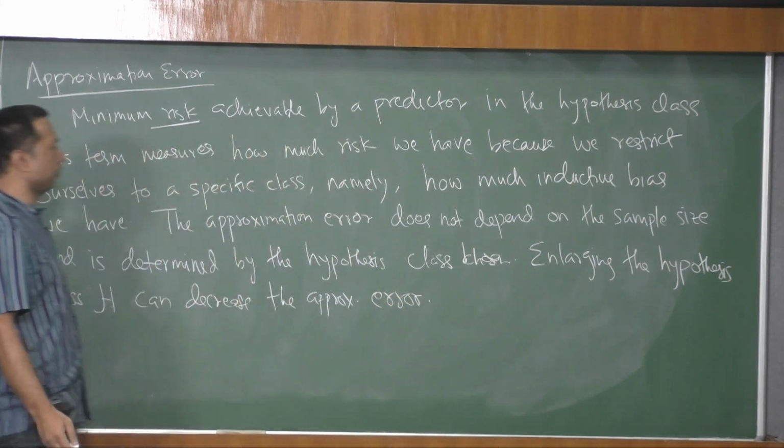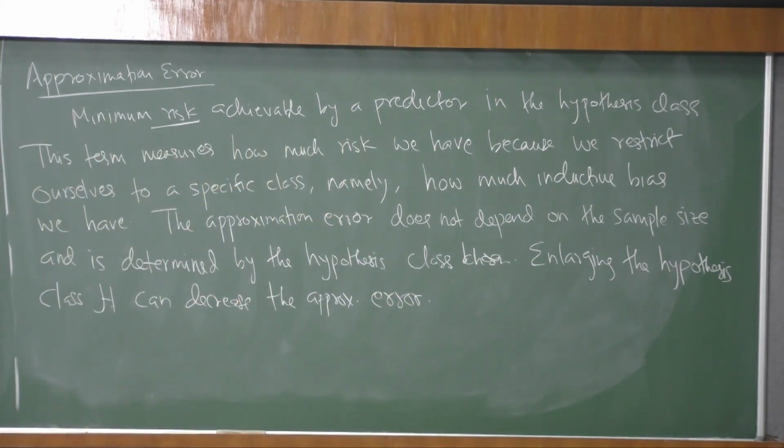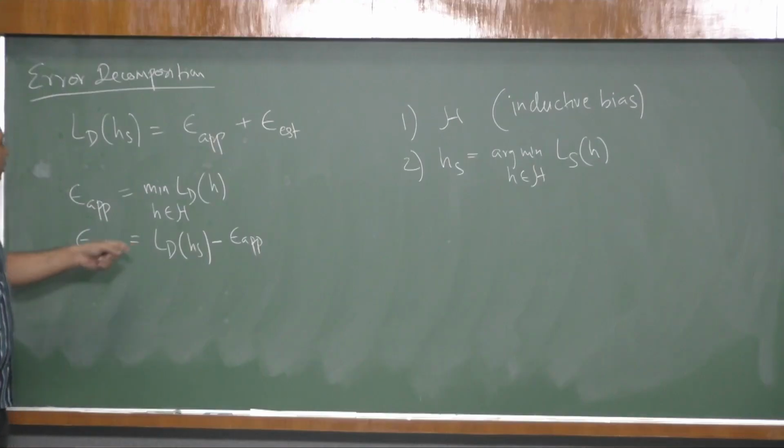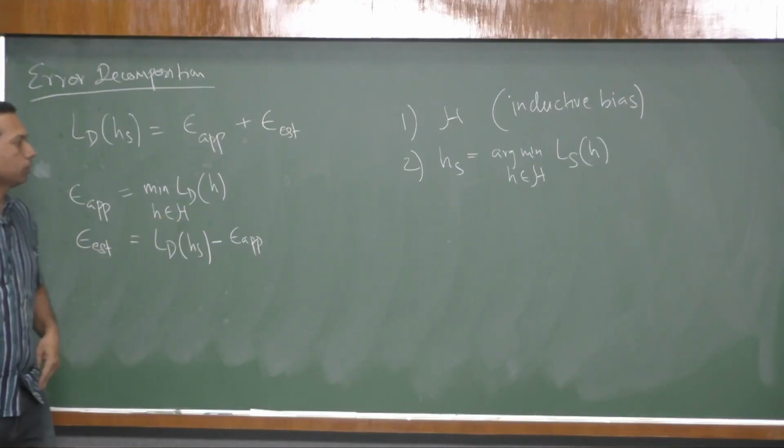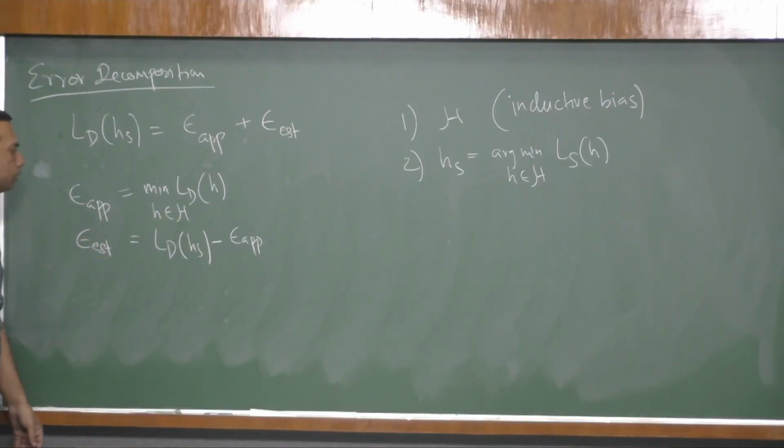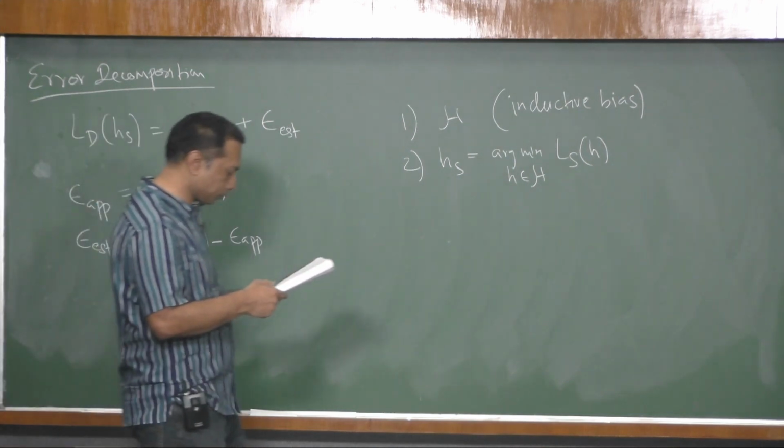In case I did not have the ideal one, after enlarging H the error will not increase for sure, it will only decrease.